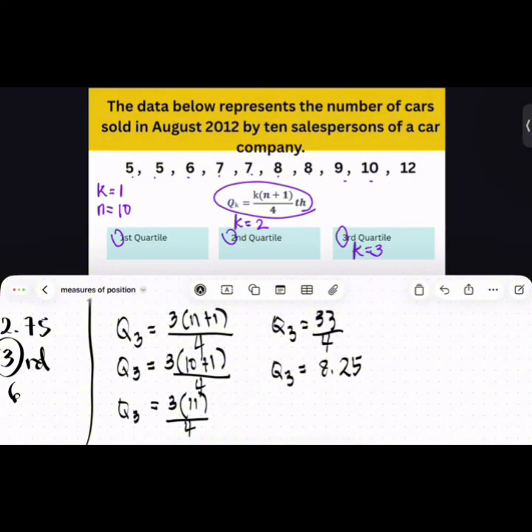Since si quartile 3 ay upper quartile, then ang gagawin daw po natin sa kanya using the method is round down. So, kung magra-round down tayo, so si quartile 3 is yung ating pang 8th position in the given data set. So, therefore, our quartile 3 data is yung pang 8.